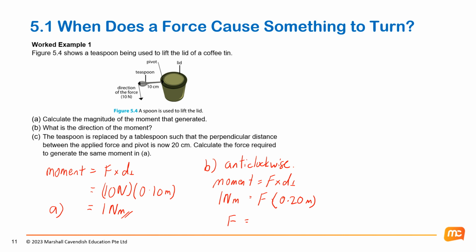This should be quite simple, and we will find that the force is 5 newtons, and that is our answer for part C. So you can see over here the relationship. When the perpendicular distance doubles, the force is halved in order to get the same moment, the same turning effect. This is also parallel in our real life experience. You don't need as much force if you have a longer lever.